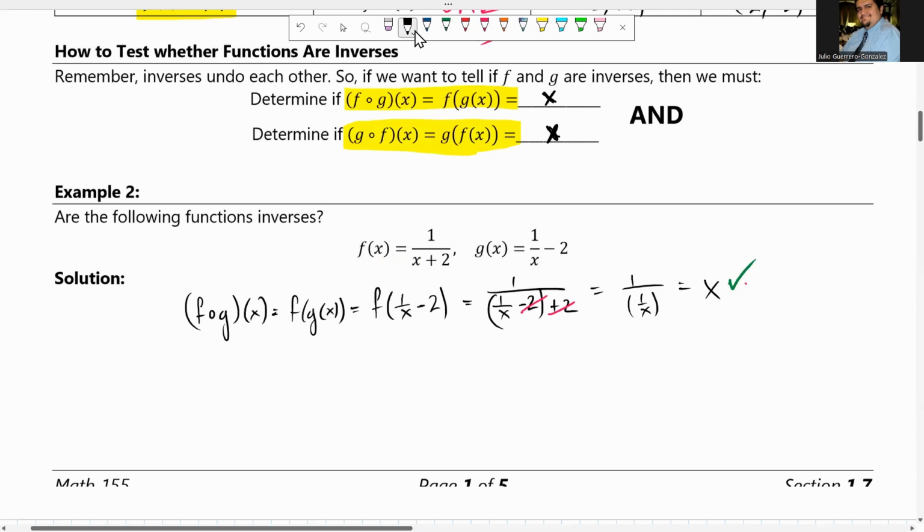Now, let me do the other one. Let me do g compose f. This is g of f of x.